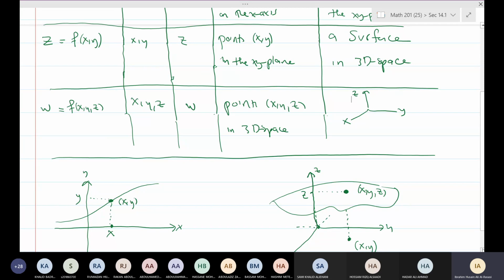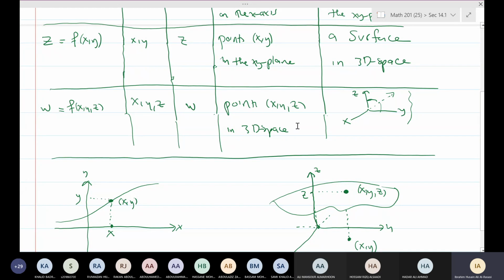Extend to infinity, but in which direction? If I draw it like this, is it 90 degrees? It is not 90. Yes, it has to be perpendicular to all of them at the same time.